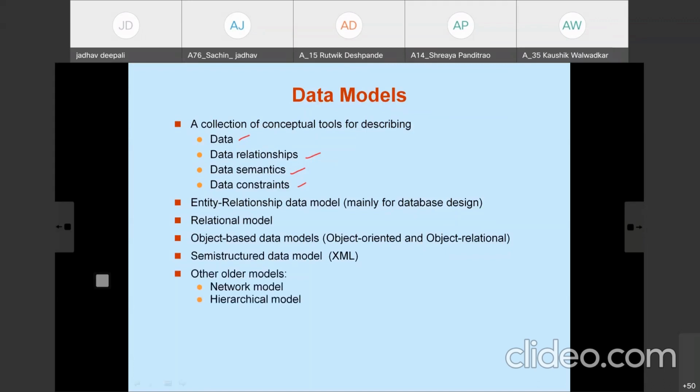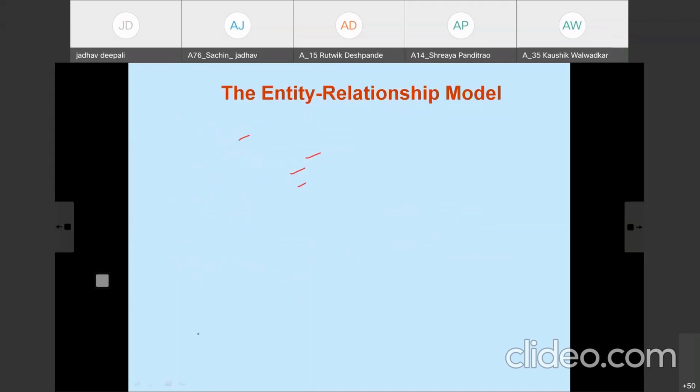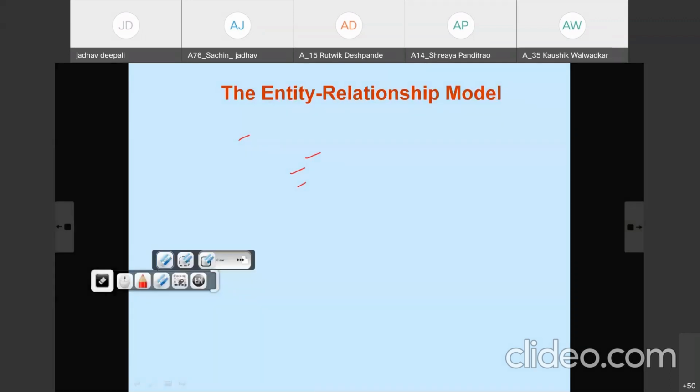Other older models are the network model and hierarchical model, but these are currently not used. Now we will see only the definitions first for the ER model and relational model, and then in detail.